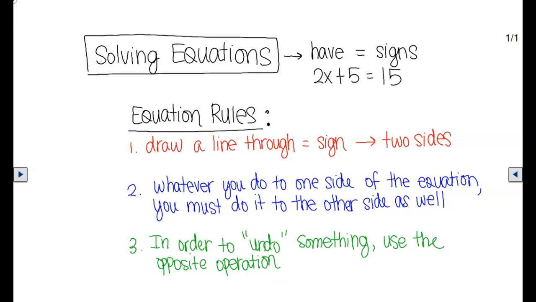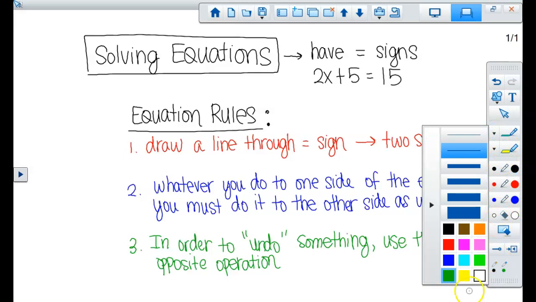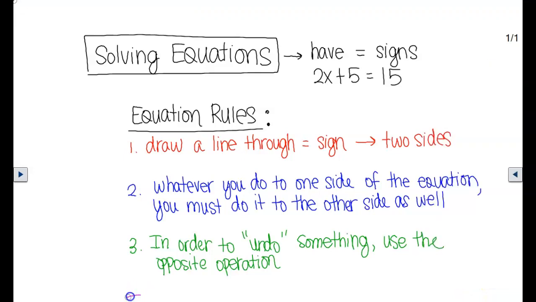As we go through this chapter on solving equations and we talk about undoing things, in order to undo something, you are going to use the opposite operation. And then finally, the last thing we want to talk about here is that when you're solving an equation, the goal is to get the x by itself.